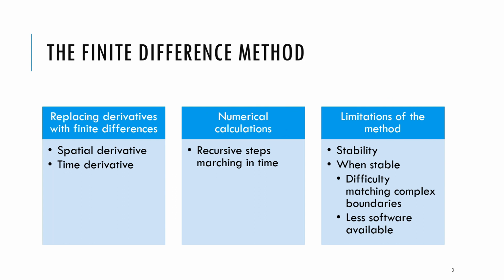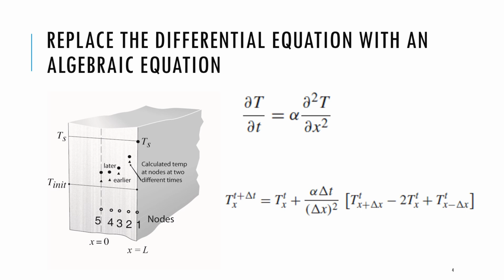Okay, so first we're going to see how to replace the spatial derivative, then we'll see how to replace the time derivative with finite differences. So here is the problem we're trying to solve. This is a slab, and we're going to do heat transfer in a slab that is being heated symmetrically.